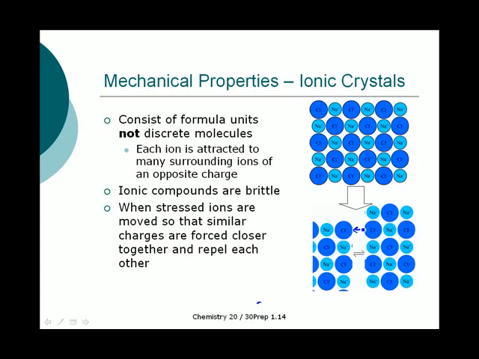As soon as you push down on it, or if you're able to separate it enough, you're able to force two similarly charged particles beside each other, and you do that along the whole substance, and all of a sudden you have ionic forces repelling each other. So the ion charges actually end up helping in breaking the crystal apart.